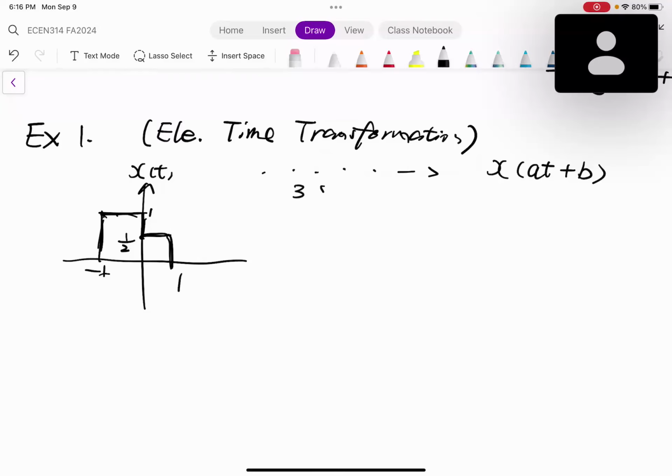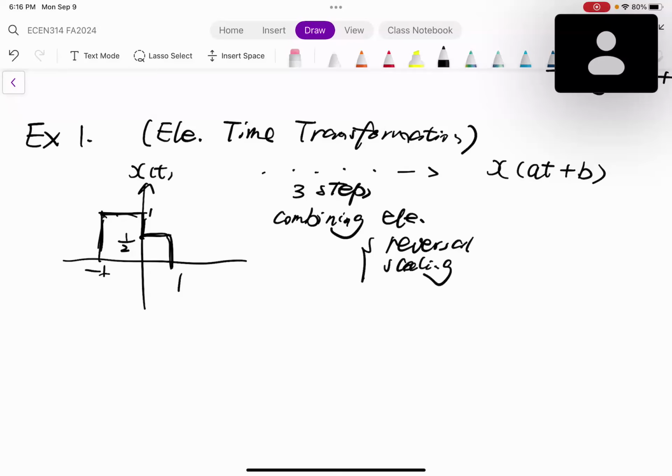In 3 steps, right? In these 3 steps, you are combining the 3 elementary operations, that is reversal, scaling, and shift. So in total, you have 3 times 2 times 1 equal to 6 orders.